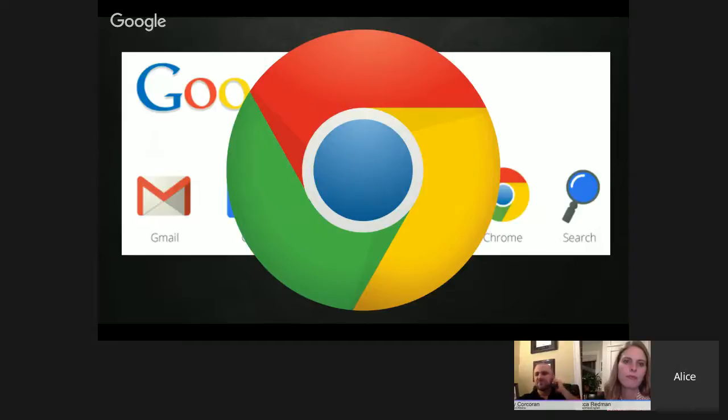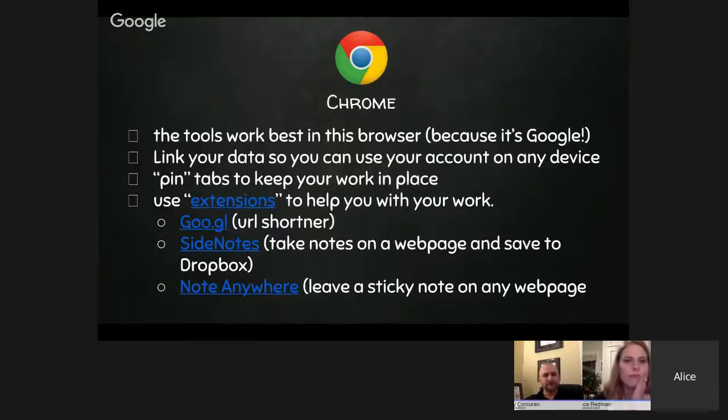Many people use Firefox or Internet Explorer. Internet Explorer really doesn't work very well with Google tools, but Chrome is really the best browser because it's made by Google, and so the Google tools function very well in it. So if you're not using Chrome, it's not a bad idea.